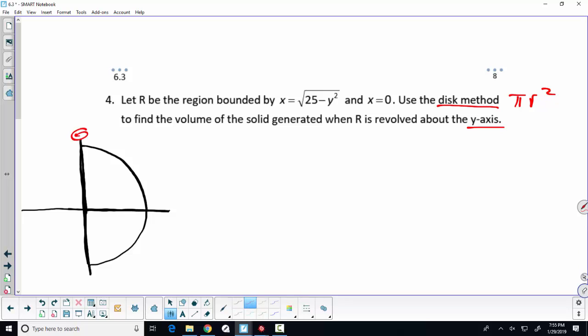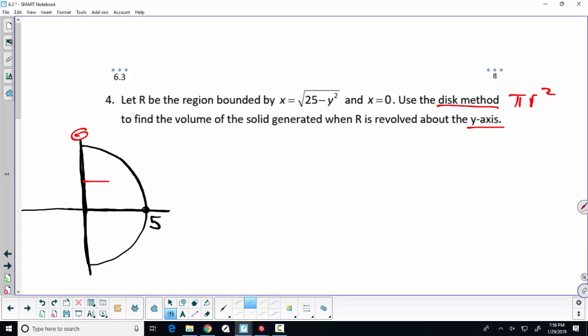So what are we going to generate when we do that? A sphere, yeah. So that's going to give us a sphere. So radius 5.